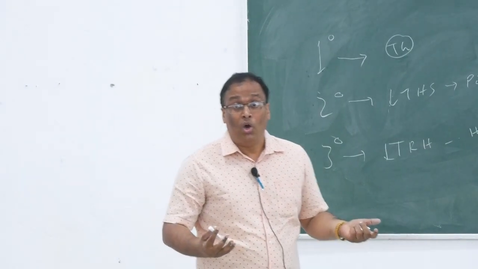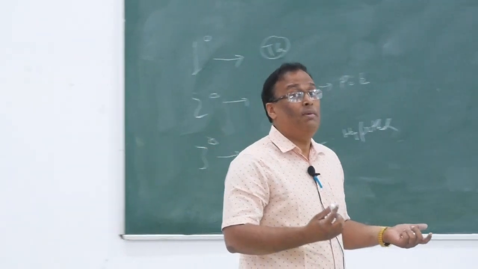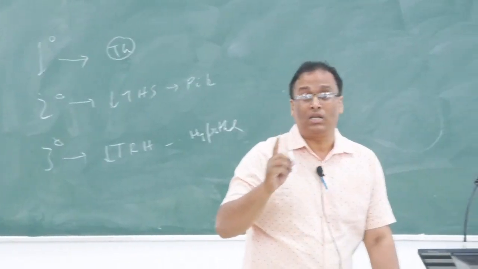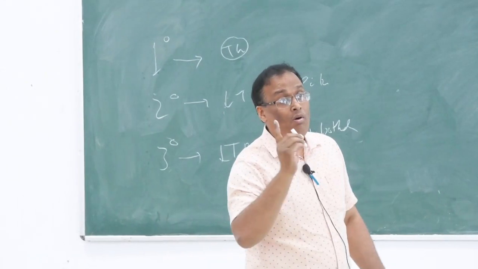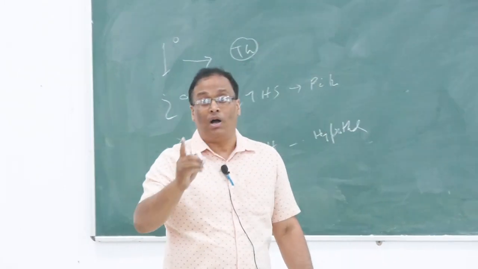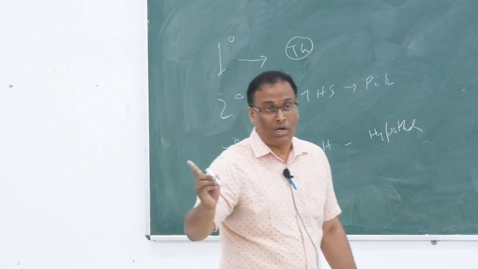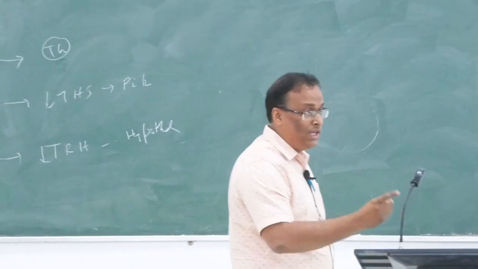Control is gonadotropin releasing hormone. Where does it come from? Hypothalamus releasing. Whenever we utter the term releasing, it will always come from the hypothalamus. No shortcut here. And then from the pituitary, FSH and LH are released.